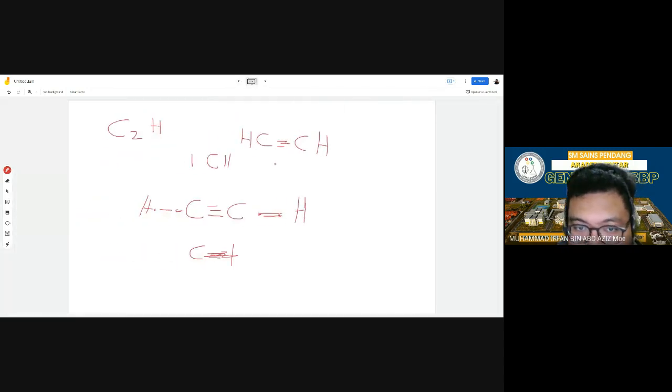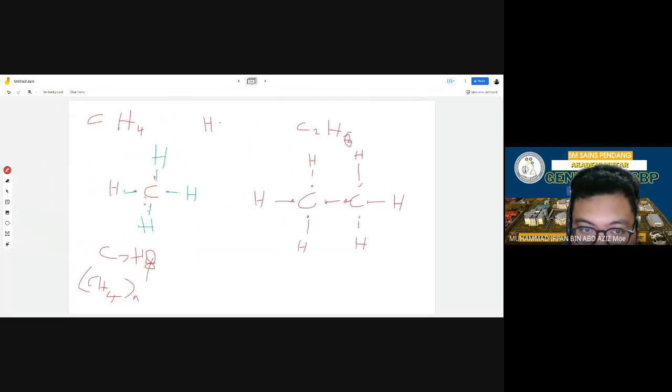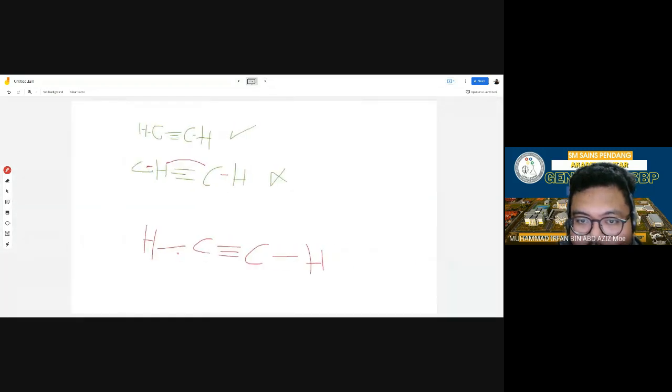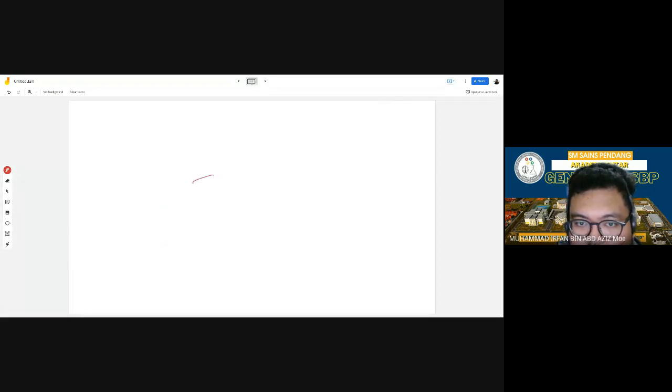How about this one from before? CH4. Okay, the C in the middle has 4 lines. 1, 2, 3, 4. Okay, 4 lines. Okay, settle. If double bond like this, C double bond 2. Okay. How do we draw for C double bond? Okay, C double bond. So what happens to its structure?